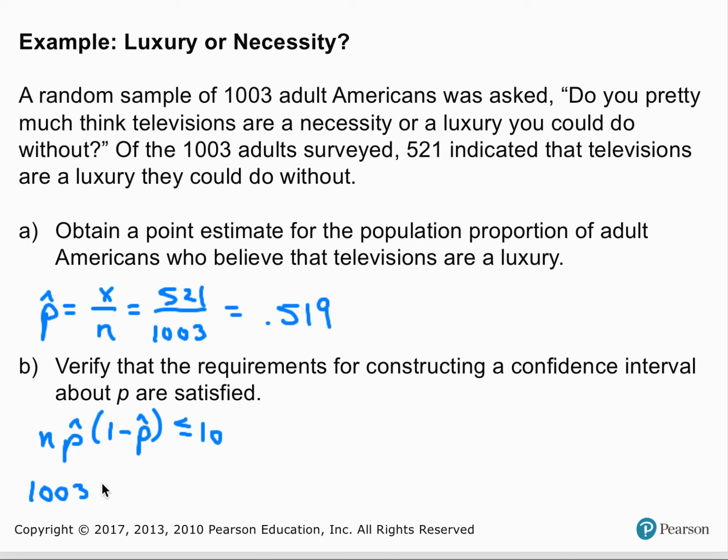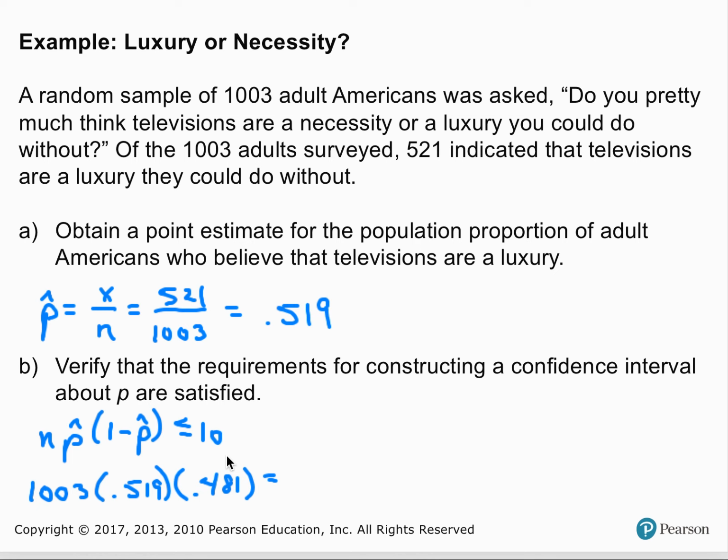1,003 times, now our p hat we found to be 0.519, and 1 minus 0.519 is 0.481. I put 0.591. Let me go back and change that.